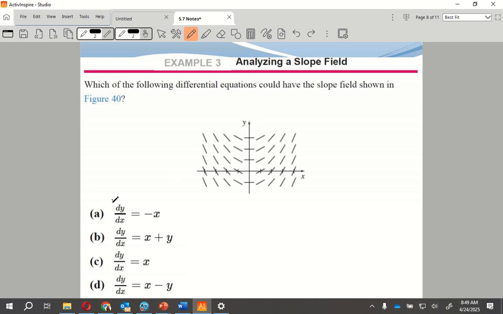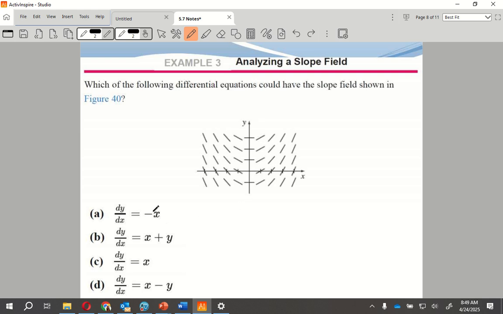So my dy/dx, on any given y value, should give me 0. If my x is 0 along this, I should get 0.